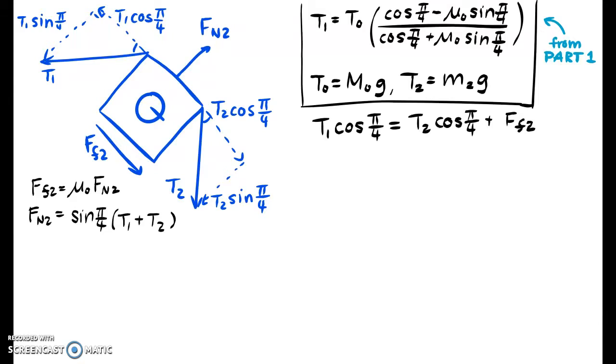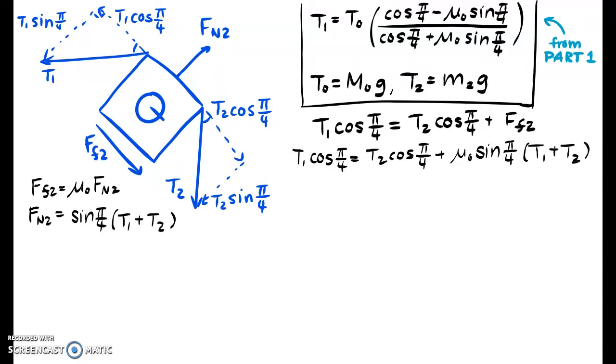So if we plug this into our equation, we have T1 times cosine and T2 times cosine, which is still the same, but now we replace friction with mu0 times the normal force, which we know to be sine of pi over 4 times T1 plus T2.